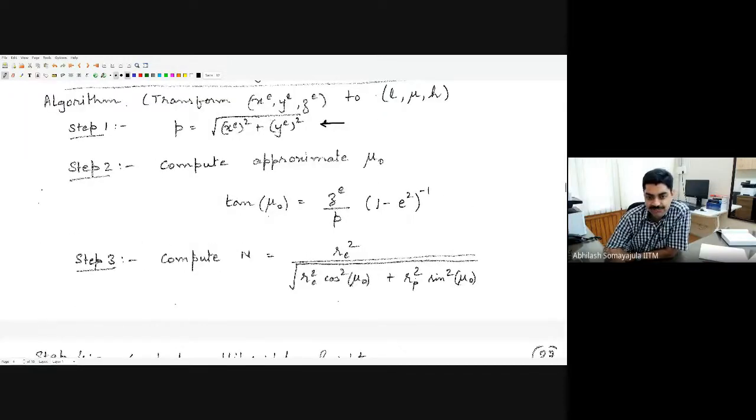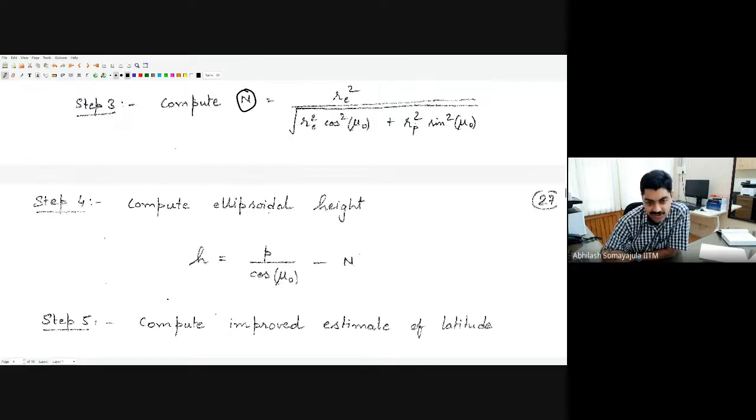Once I get an estimate of the latitude, I can then compute the value of N and then go ahead and compute the value of h. Okay, so I got mu 0, h0, let's say.